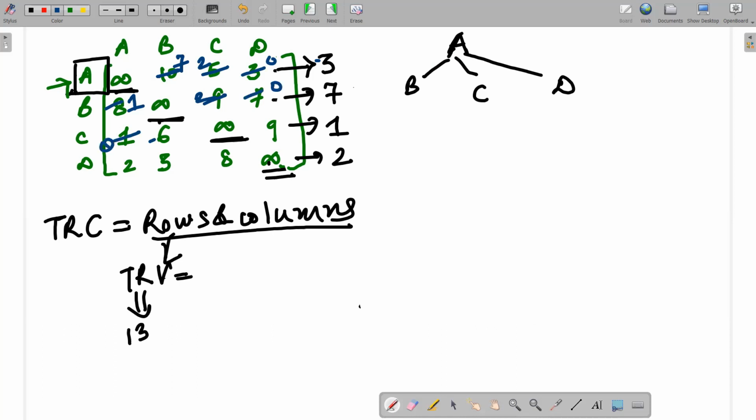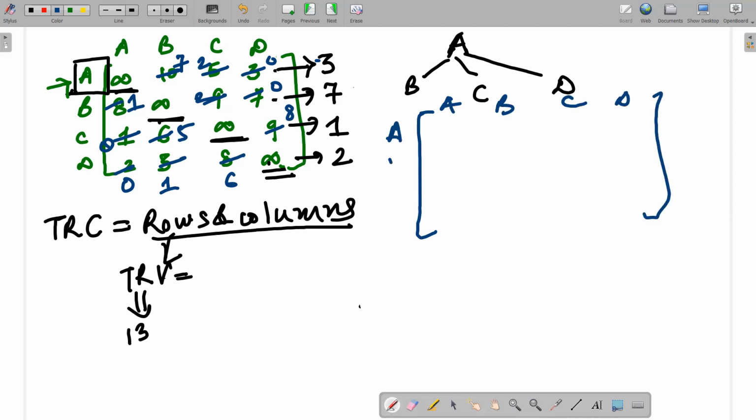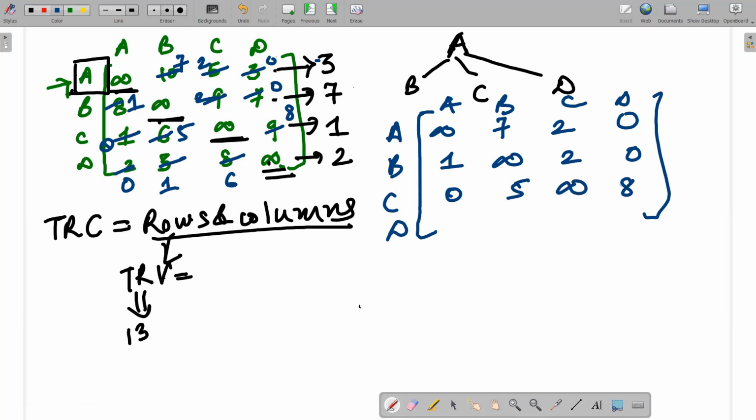Then we got 0, 5, and 8, then 0, 1, and 6.